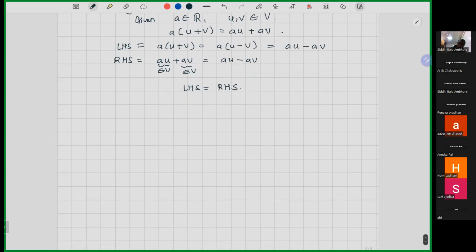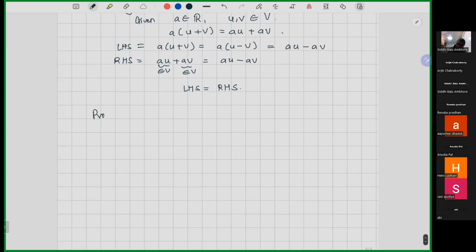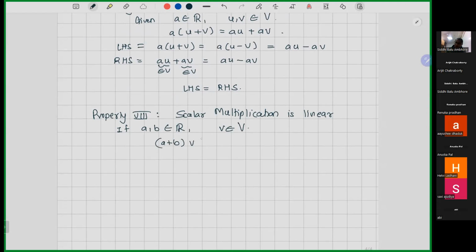Property 8, whether scalar multiplication is linear. That is, if a comma b belongs to R, I mean a and b are scalars, and if v is an element in V, then we would like to check whether a plus b v is equal to av plus bv or not.